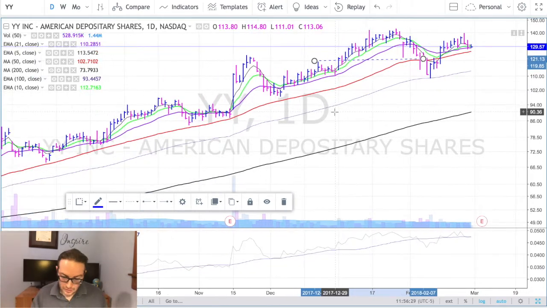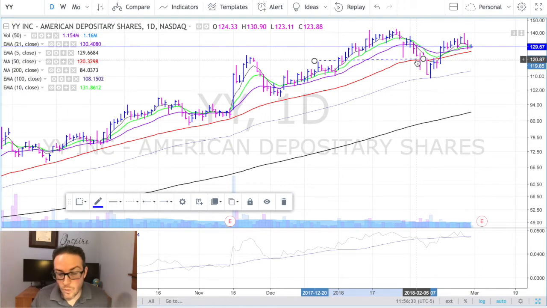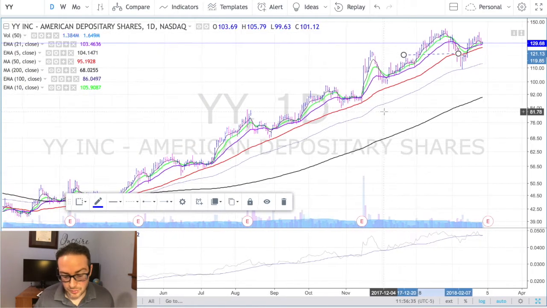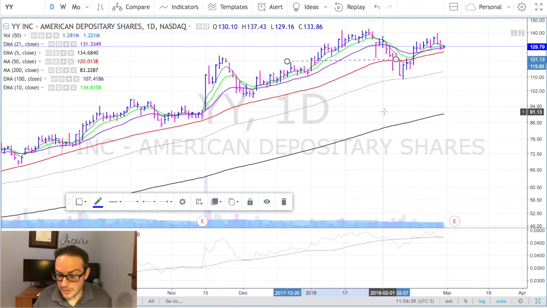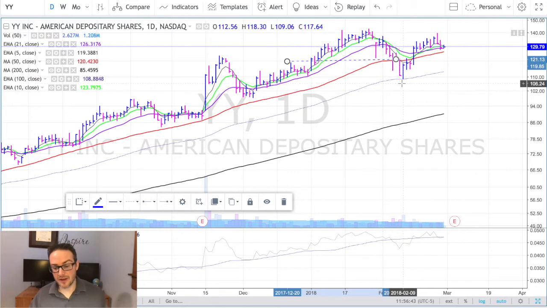But within the greater context, YY had gotten support at the 50-day moving average for a very long time. So it finally breaking below the 50-day moving average, it isn't that surprising, but it's also something that we need to be aware of as well, and also know what other levels of support there might be.